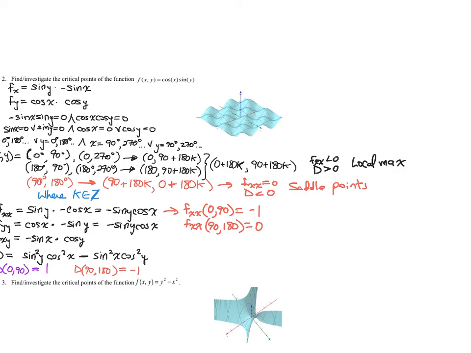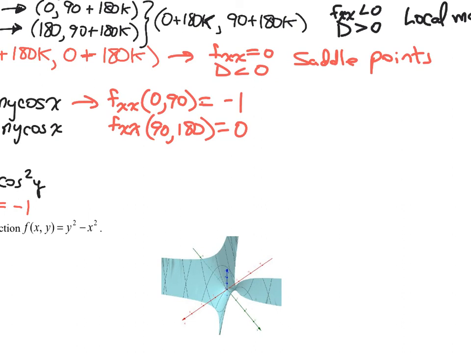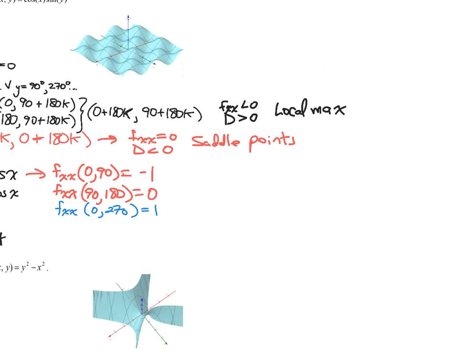Okay, it's a relatively easy fix. So f sub xx of 0, 270 would have given a positive 1, right? And so it's embedded in this whole shebang here. So yeah, there was an overgeneralization, so that's no good.